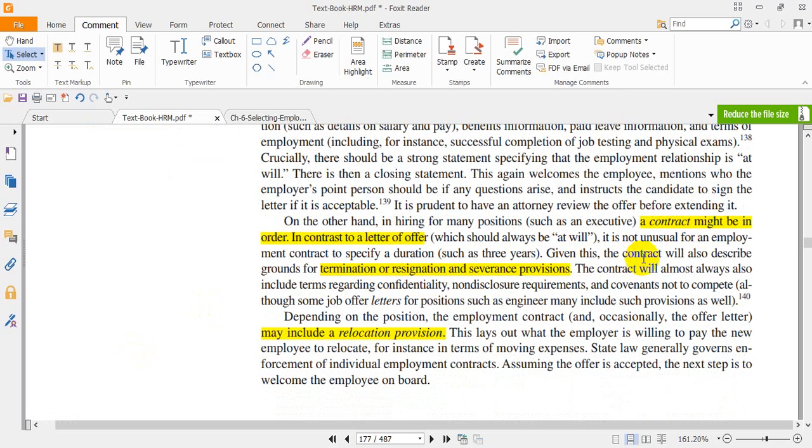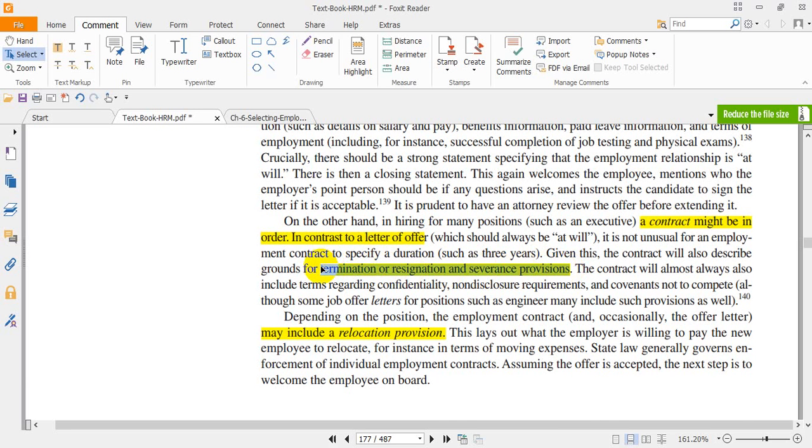Given this, the contract will also describe grounds for termination or reassignment and severance provisions. This information should be in the contract also: the termination, resignation, and severance provisions.